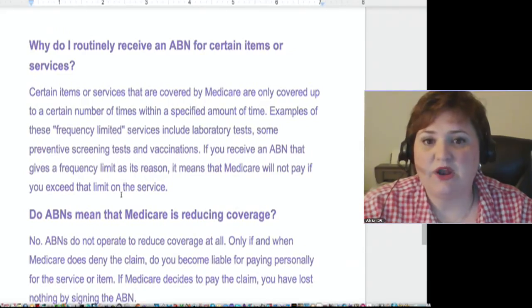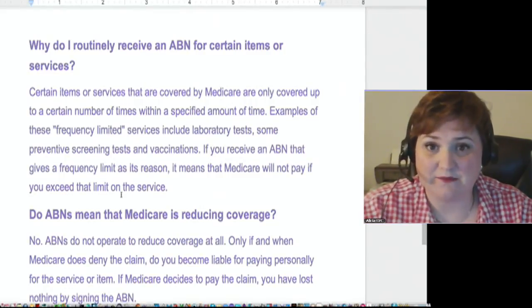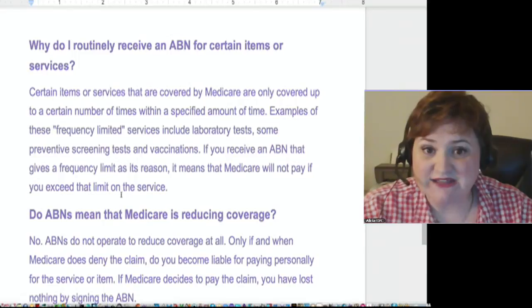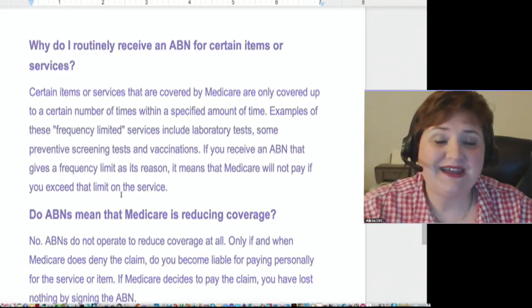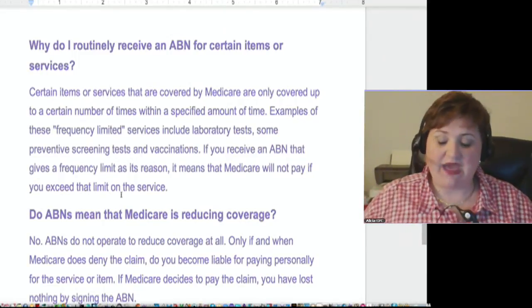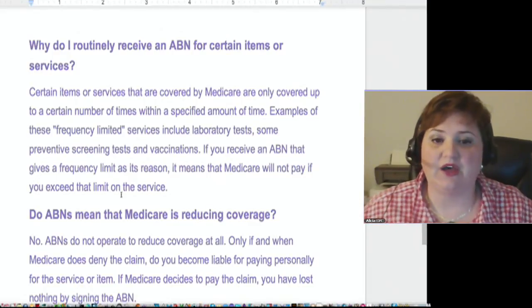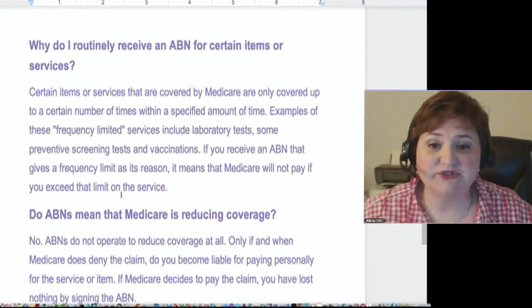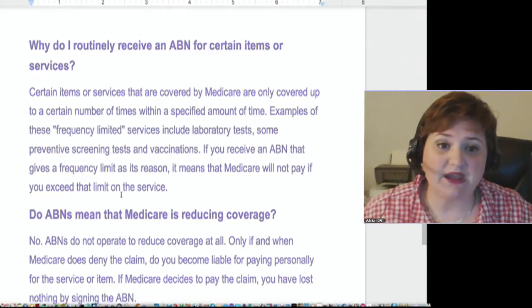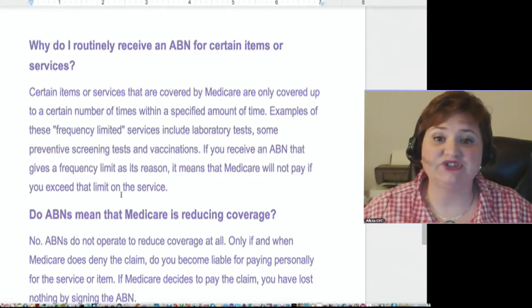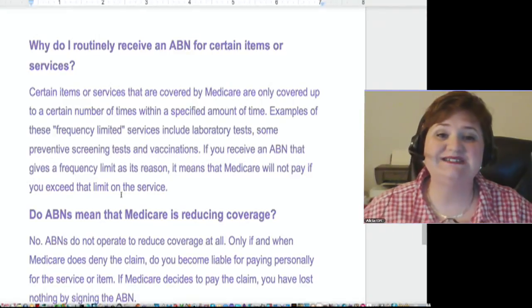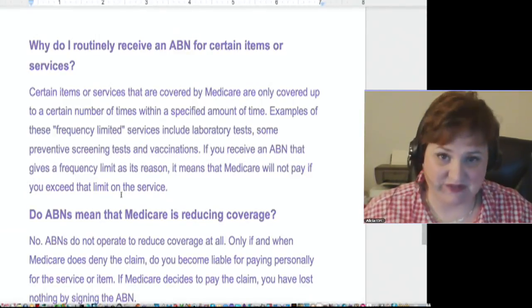Now, some people want to know, how come I keep getting these ABNs and I have to keep signing them? Well, that's because Medicare only allows certain things to be paid for a certain number of times. The way they put it here is certain items or services that are covered by Medicare are only covered up to a certain number of times within a specified amount of time.